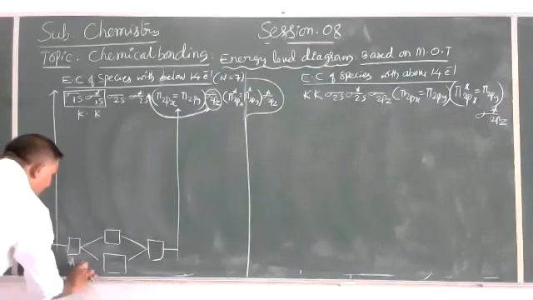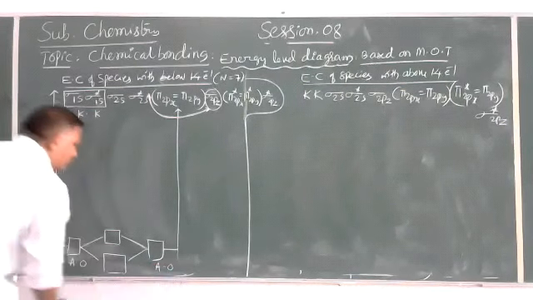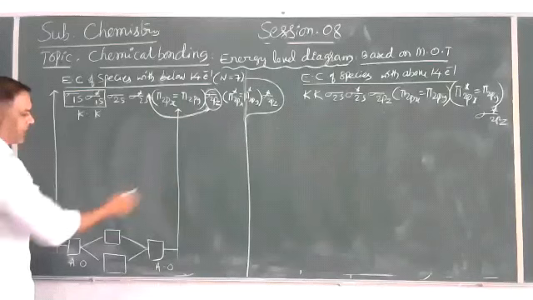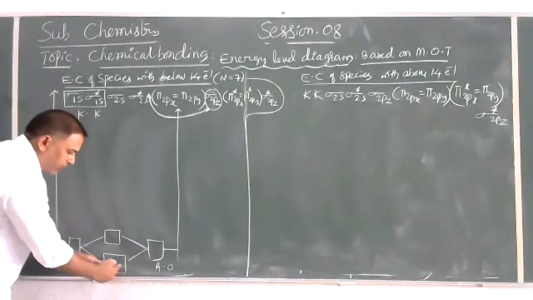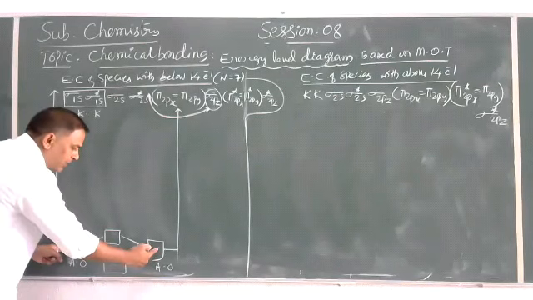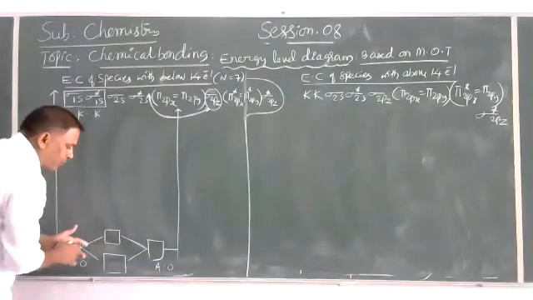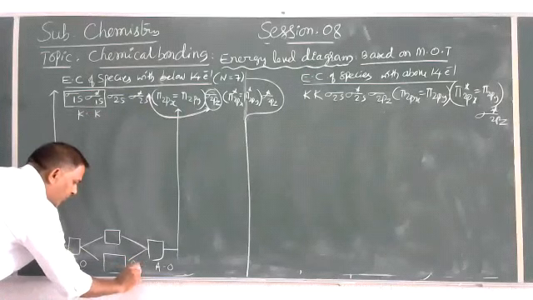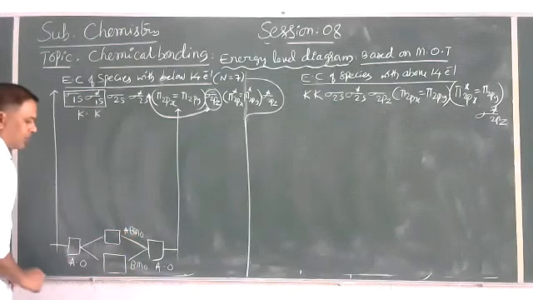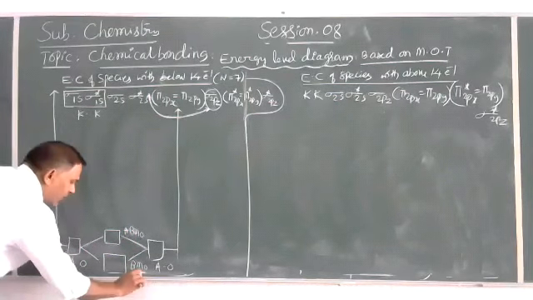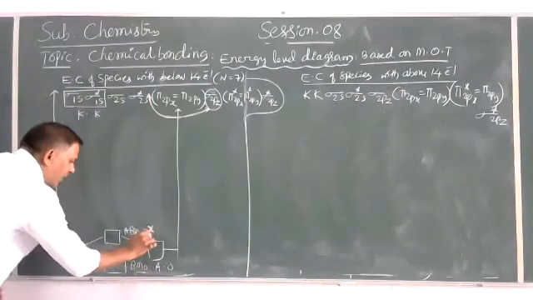This is the AO, atomic orbital, and this is the AO, atomic orbital. Already explained in theory, the energy of these 2 atomic orbitals is more than the bonding, but less than the anti-bonding. That's why this is a bonding molecular orbital and this is the anti-bonding molecular orbital. This is denoted by sigma, this is denoted by sigma star.